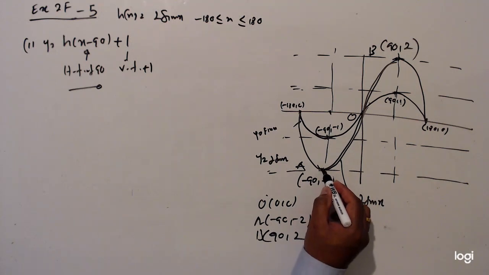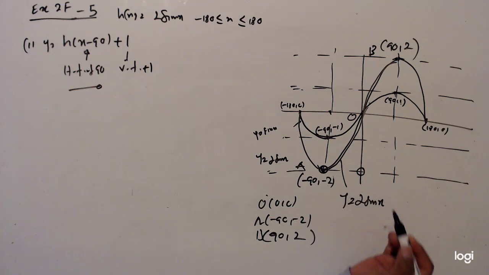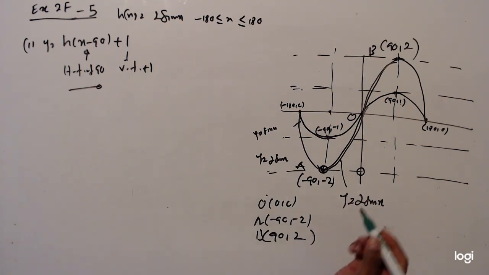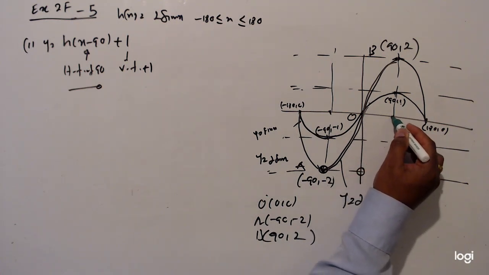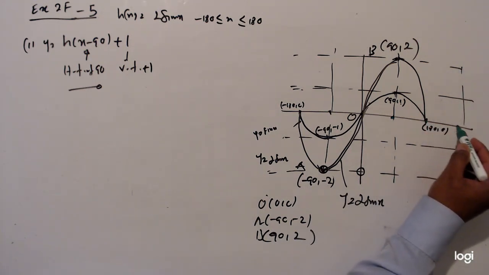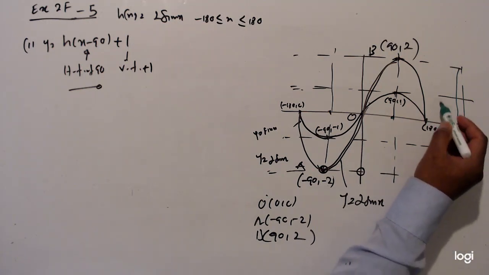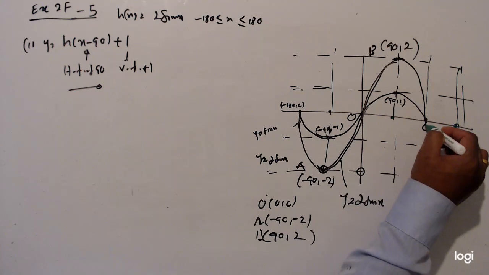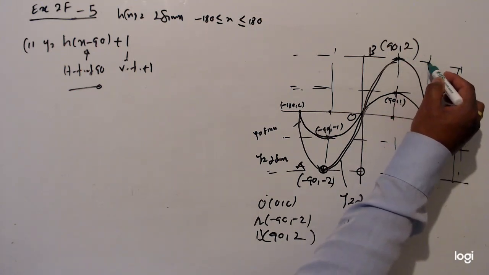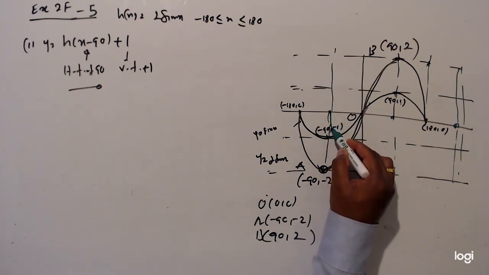So then this minus 90 is here now, and this 0, 0 is shifted to here, and this point is shifted to this place, and 90, 2 is shifted to here. So it's going to be something like this.